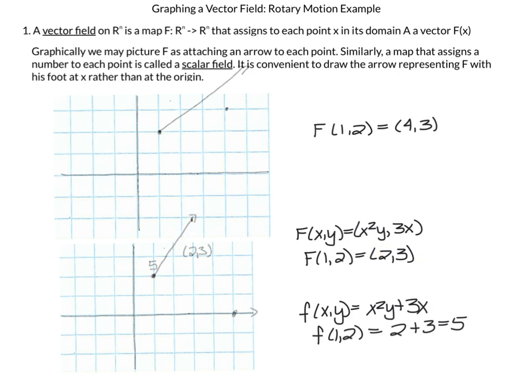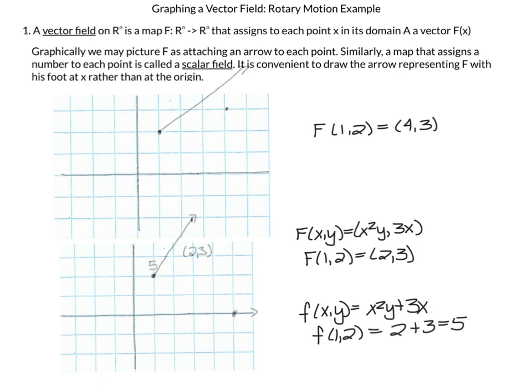Also, just to note, the vector field, the capital F, is different from a scalar function. A scalar function produces a single real number or complex number. An example of a scalar function is f of (x, y), which might be x squared plus y plus 3x. When you plug in (1, 2), you get a single number: f of (1, 2) is equal to the number 5.